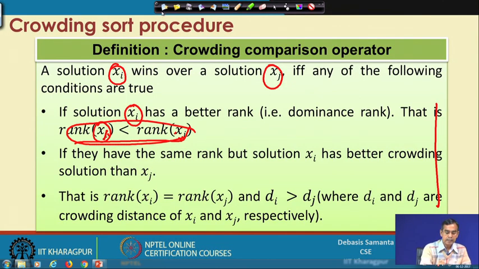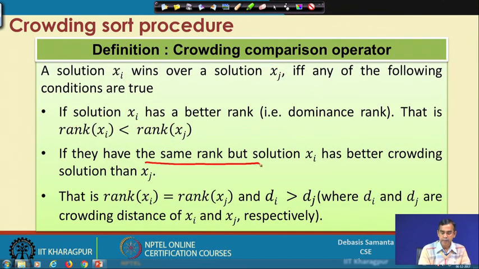On the other hand, there is another condition: if they have the same rank, but solution xi has a better crowding distance than xj, then xi can be considered the winner over xj.